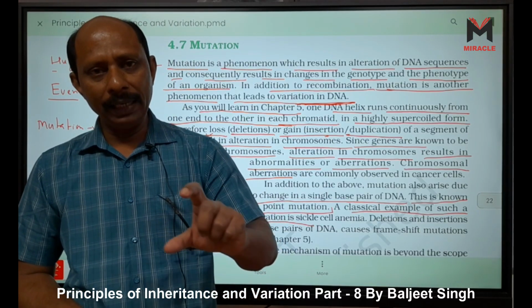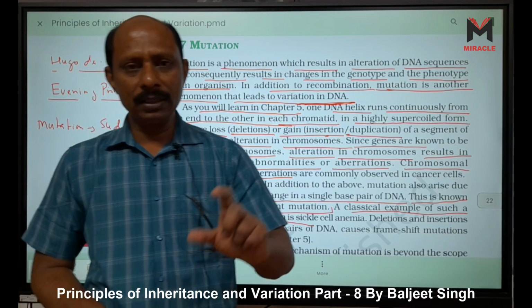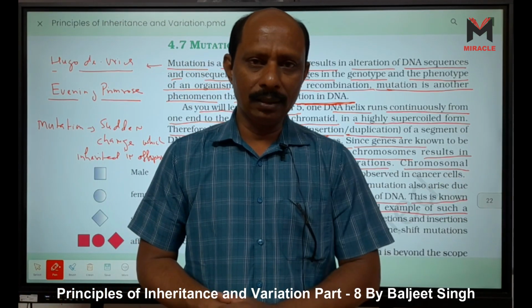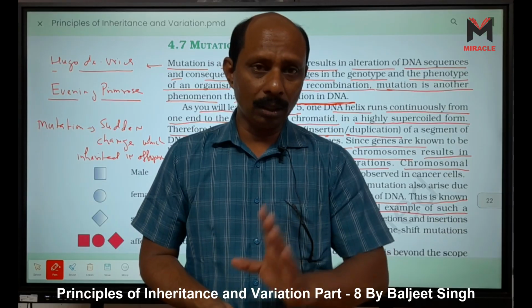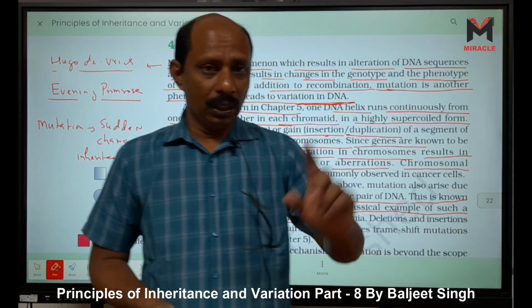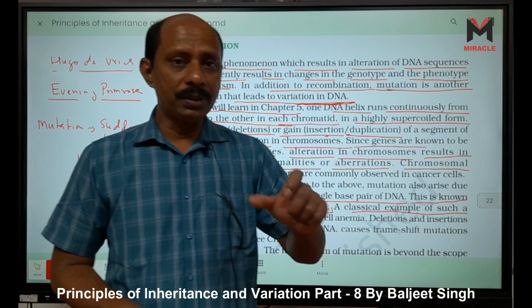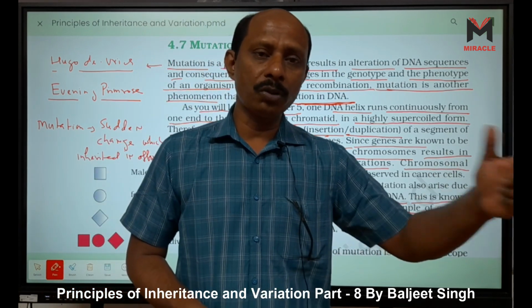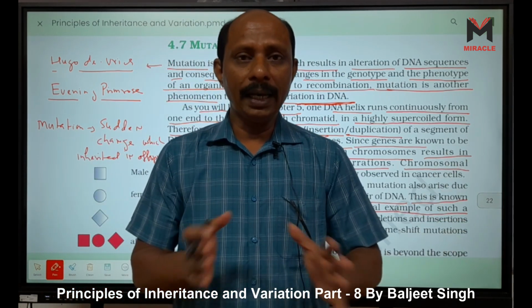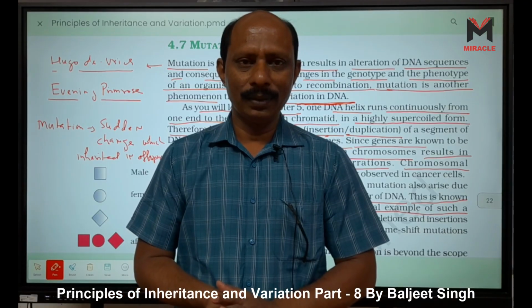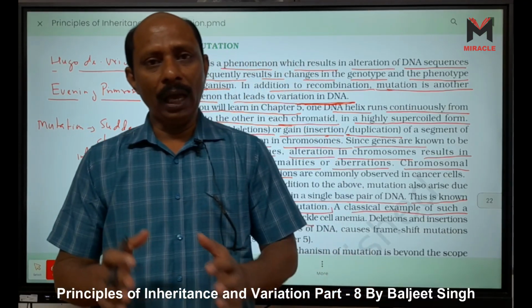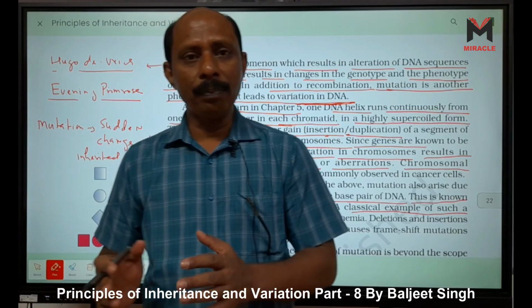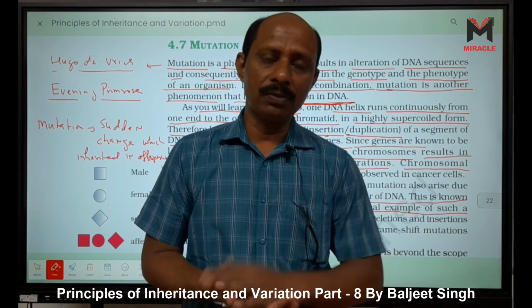A means adenylic acid is replaced by uridylic acid. I am telling about the messenger RNA, not DNA, right? GAG becomes GUG, and GUG is responsible for valine, and that makes all the difference, right? If the amino acid is replaced by valine, now sickle cell anemia is found.